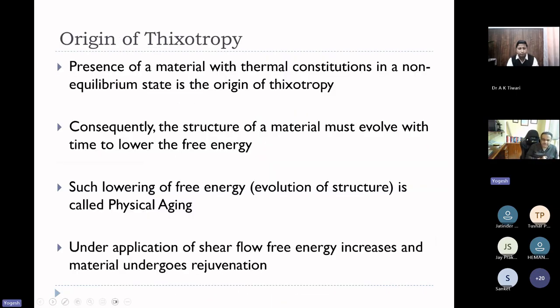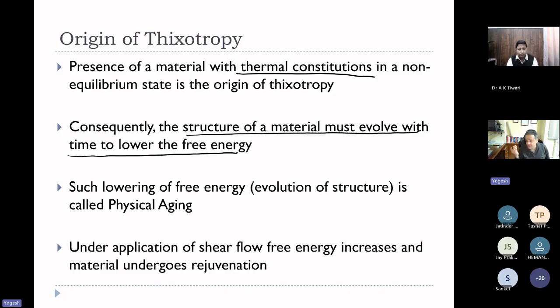What is the origin of thixotropy? So, as I mentioned, the presence of material with thermal constituents in a non-equilibrium state is the fundamental origin of thixotropy. All right. So, therefore, the structure of the material must evolve with time to lower the free energy. As we all are aware from our thermodynamics principles, if the temperature and pressure remain constant, Gibbs free energy must continuously decrease to achieve thermodynamic equilibrium. And at the point of thermodynamic equilibrium, Gibbs free energy is the lowest.